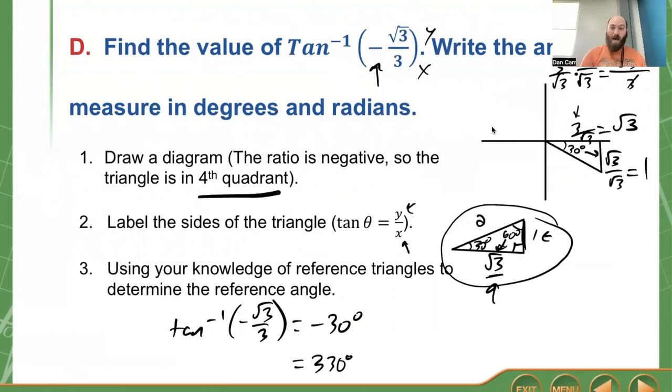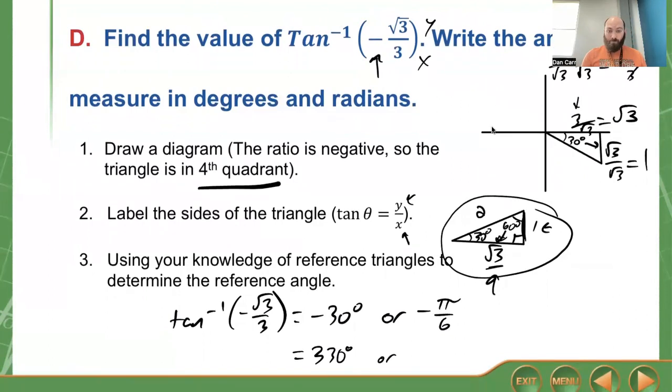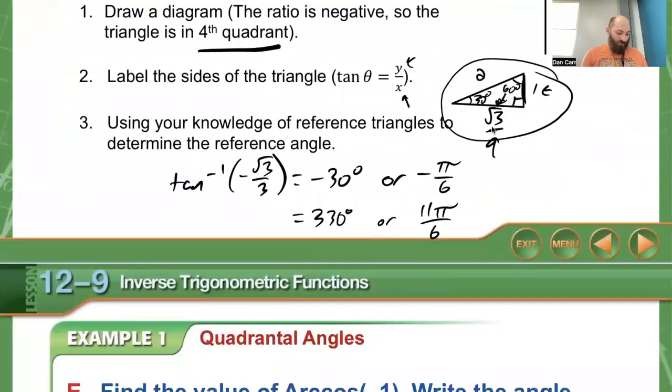That's going the positive direction. Or negative pi over 6. Okay, and if I do the positive direction, 330, so it'll be 330 over 180, comes out to 11 pi over 6.